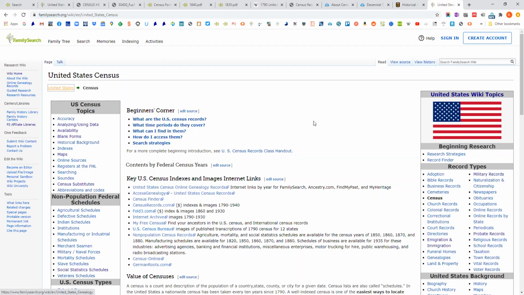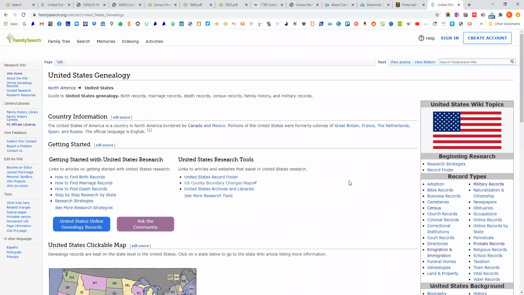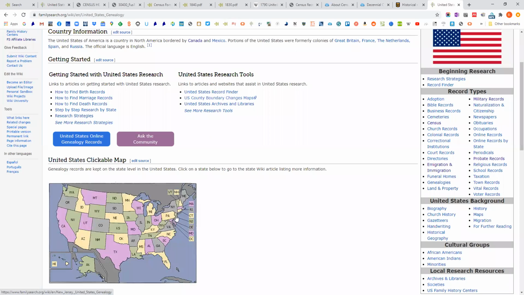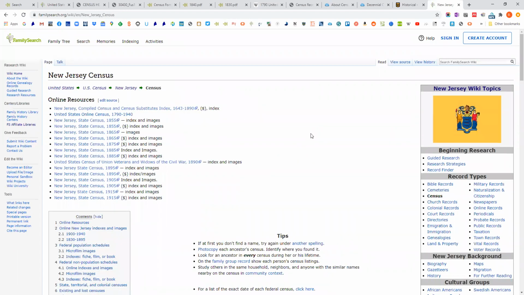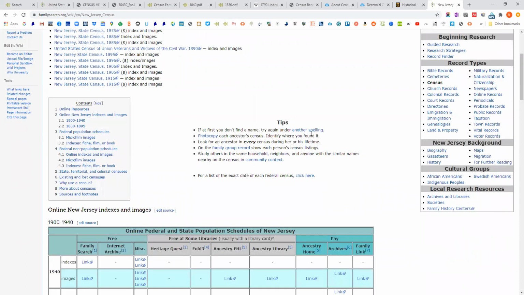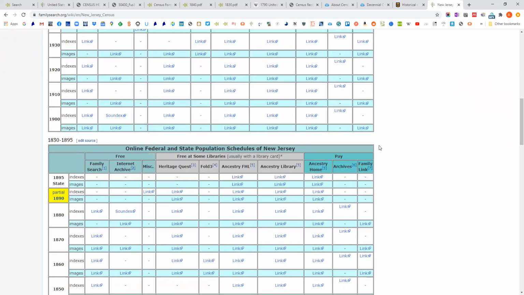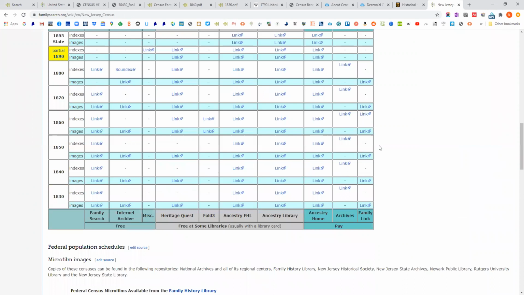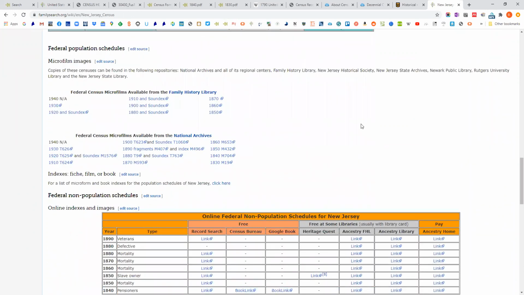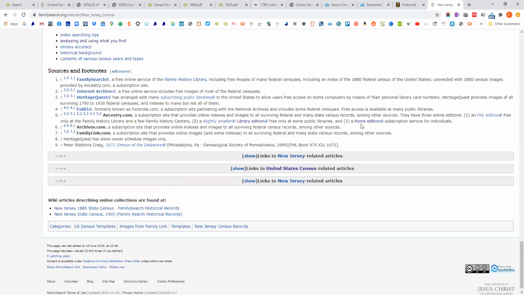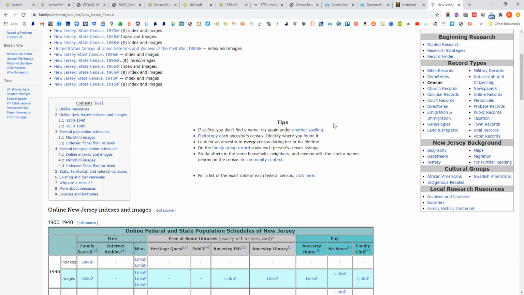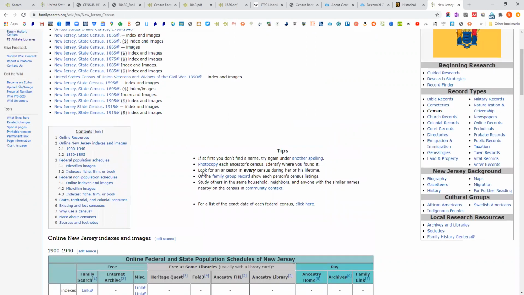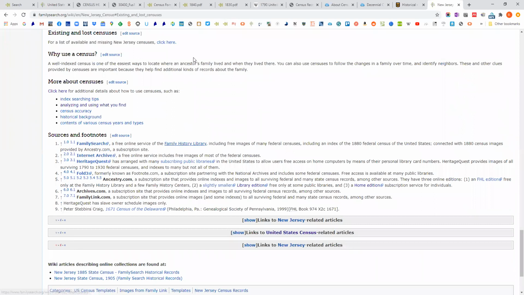The other thing that happens if you go into a state, and let's pick New Jersey for this, and go into the state census records, they've done a, where is it? I should probably show you. Existing and lost censuses.